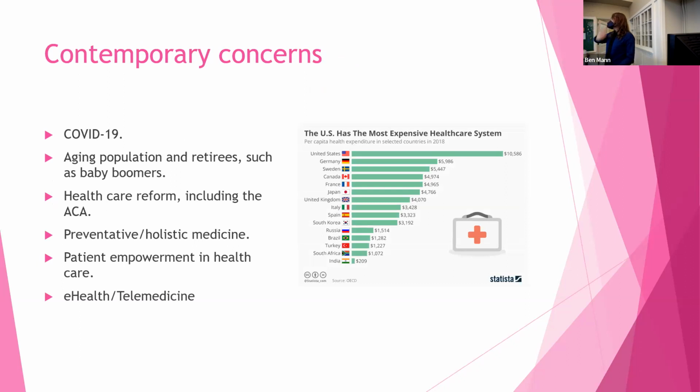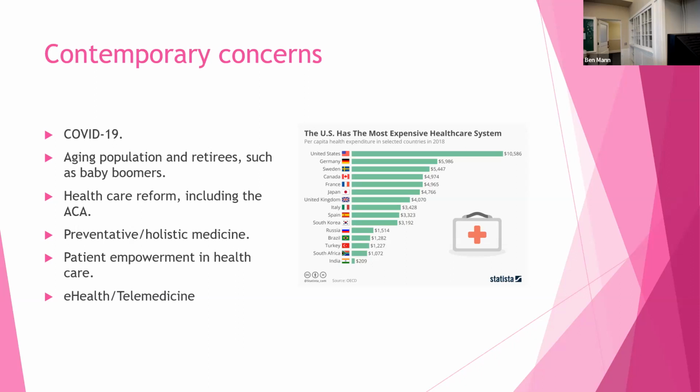As we think about it, related to contemporary concerns and issues, as I'll be asking you to explore in a little bit, there have been a lot of issues that have made health and science especially important. This was a report in 2018 about the per capita health expenditures faced by countries.